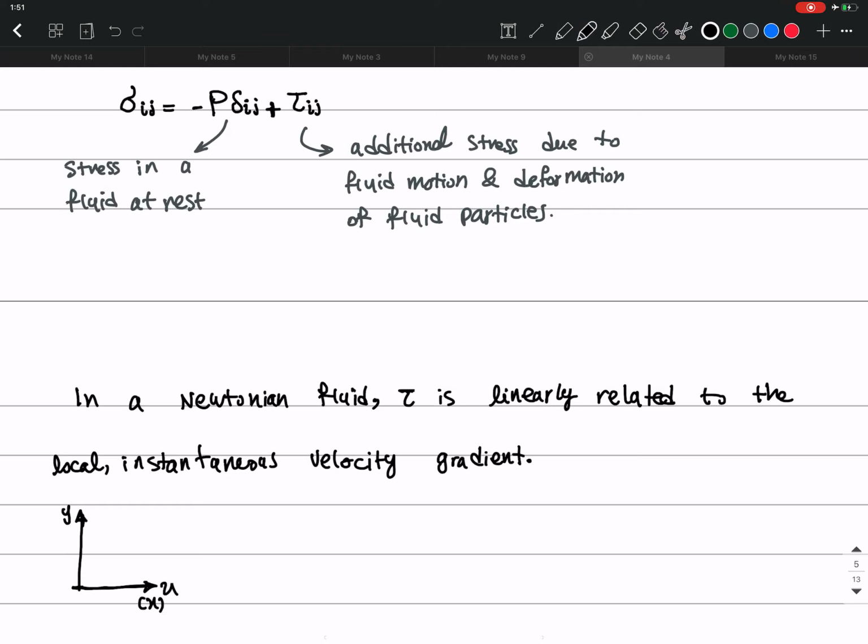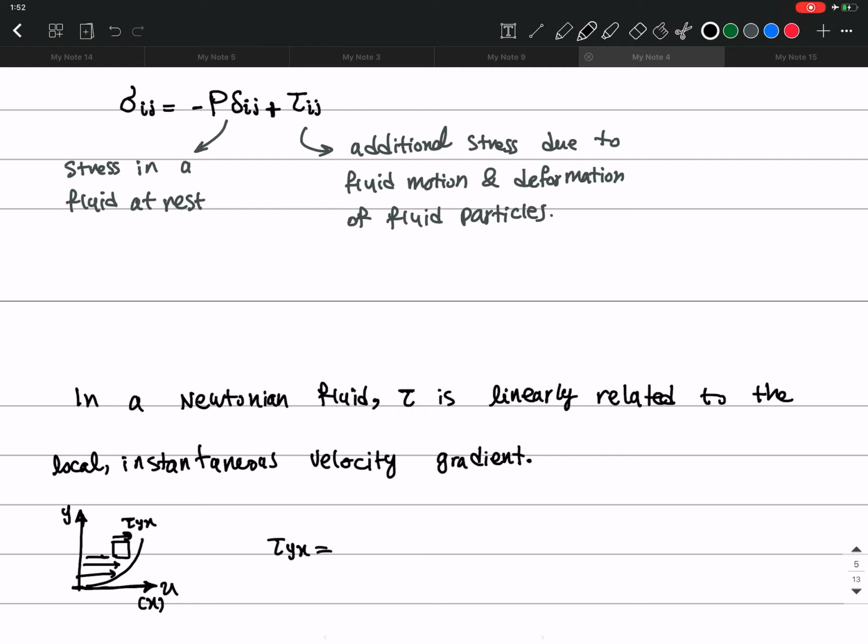Now I want to write what is, say, Tyx, the stress that is acting in this direction in a flow that has a velocity like this.